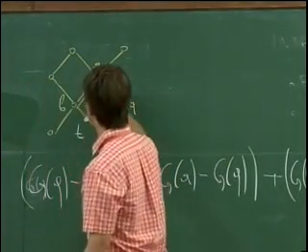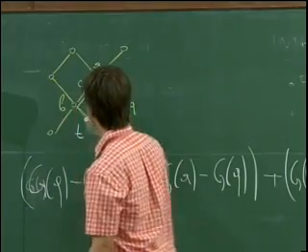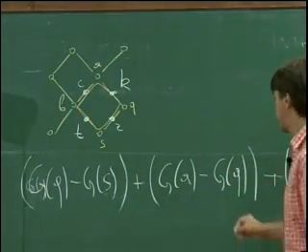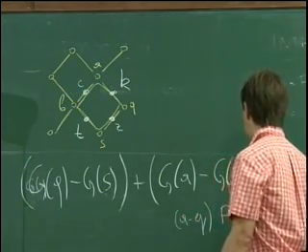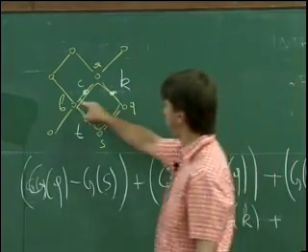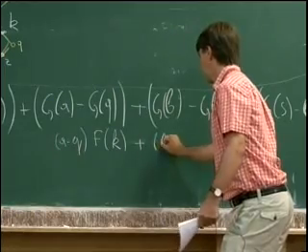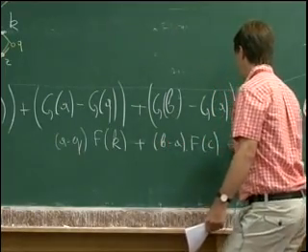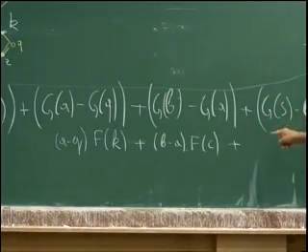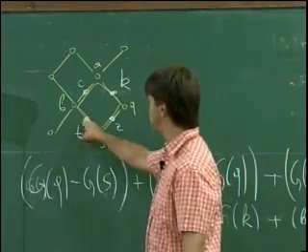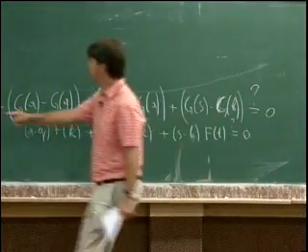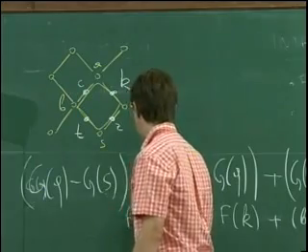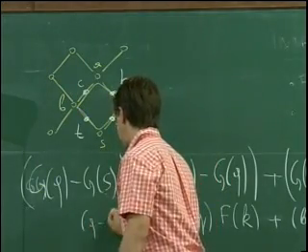And there is a point there which we denote, let's say, by c. So G of A minus G of Q is A minus Q times F of K. And G of B minus G of A is B minus A times F of C. Plus G of S minus G of B is S minus B times F of T. And now I forgot G of Q minus G of S. It's F of Z times Q minus S.